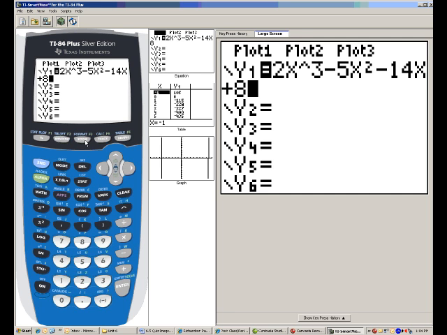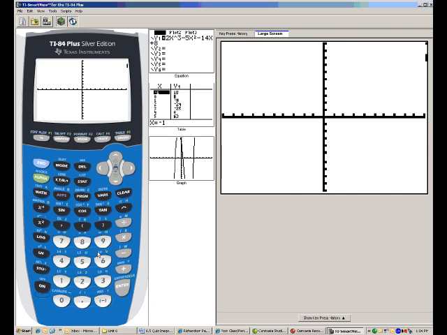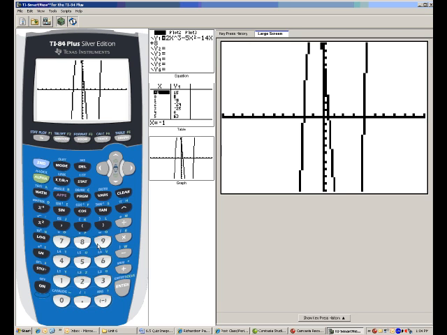All right. Now zoom 6. And go ahead and look at your graph. What points on here should help me decide what to try? Yeah, where it crosses the x-axis.